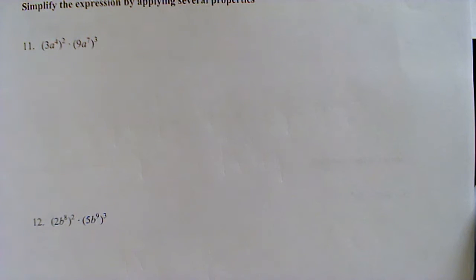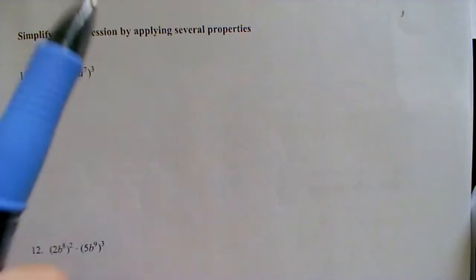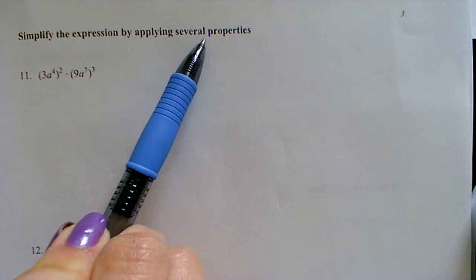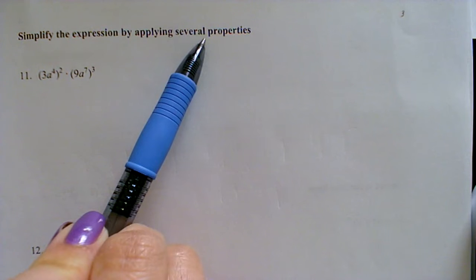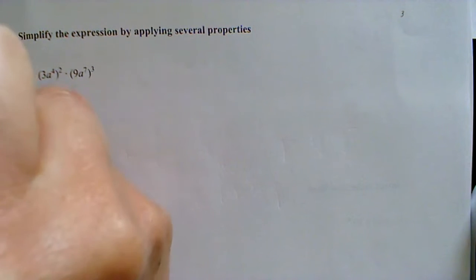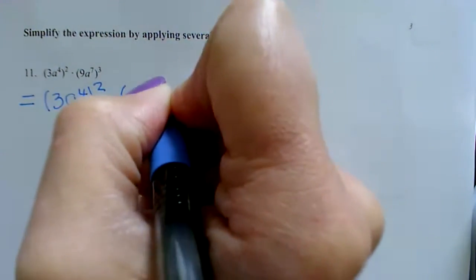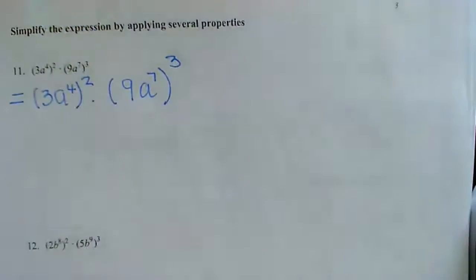Now, let's do 11, right? 11 says simplify the expressions by applying several properties. Yes, we have to do that. So then, let me rewrite this, that way it looks bigger here. And we're going to take the first one.